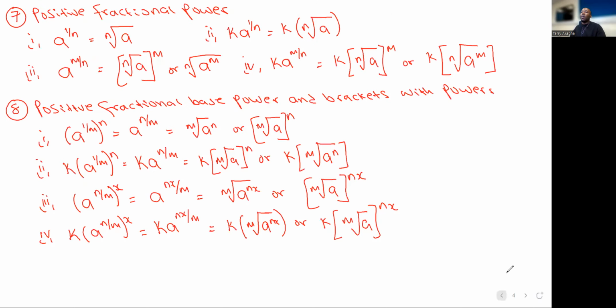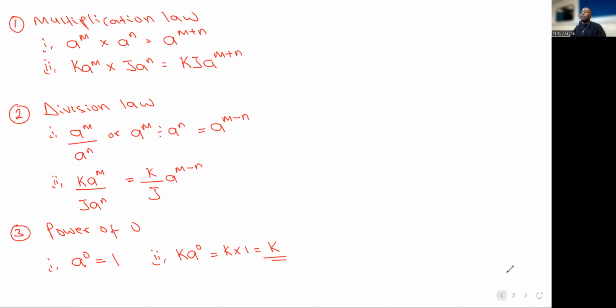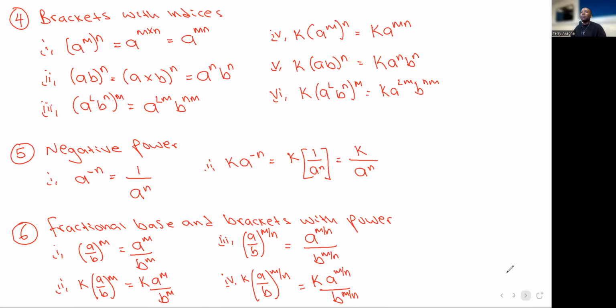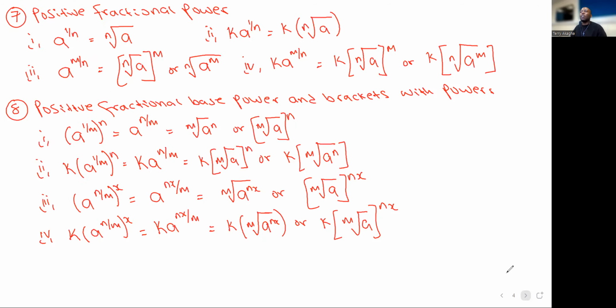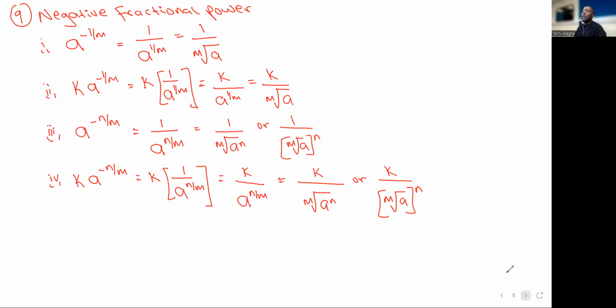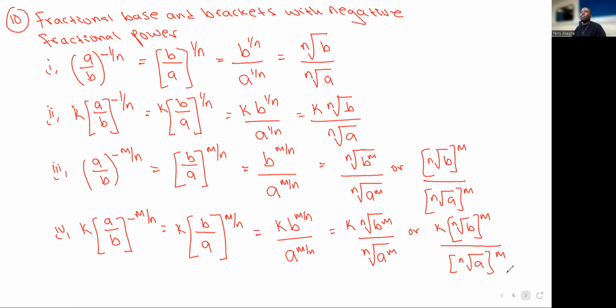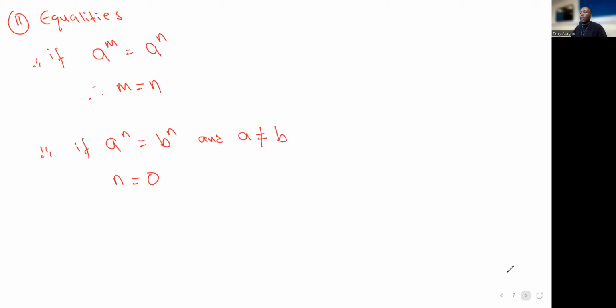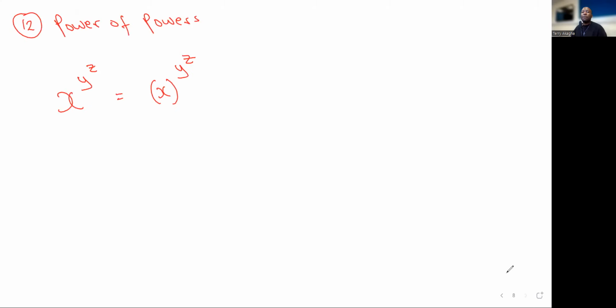It was a long journey. We talked about the multiplication, division, the power of 0, the brackets with indices, negative power, fractional base and bracket with powers, positive fractional power, positive fractional base power and brackets with powers, negative fractional powers, fractional base and bracket with negative fractional powers, equalities, and finally the power of powers.